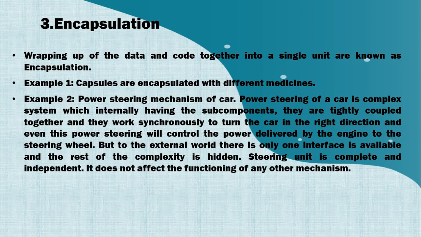But to the external world, only one interface is available and the rest of the complexity is hidden. The steering unit is complete and independent. It does not affect the functioning of any other mechanism. So this is encapsulation.